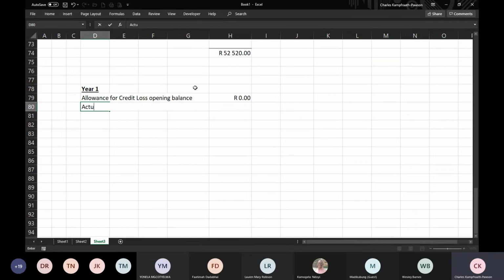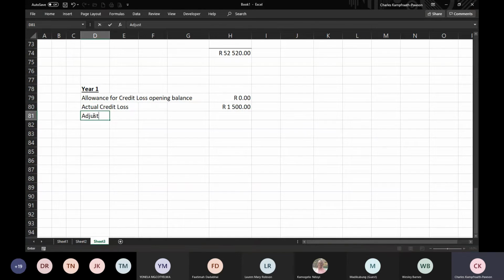Then we had actual credit loss of, say, 1,500, and then we had to adjust that allowance.